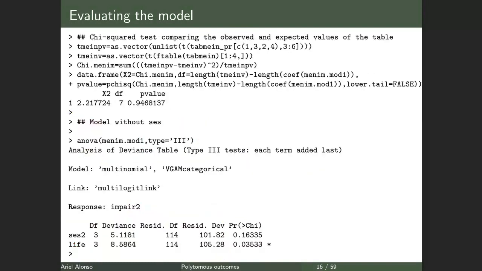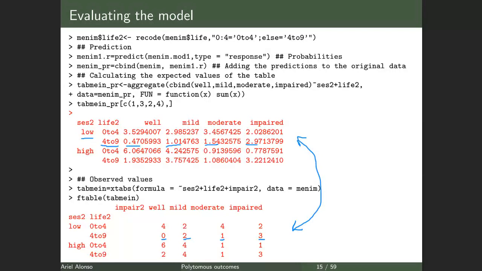Now, you can compare these two tables using the Pearson chi-square test, because here you have the observed frequencies, and here you have the expected frequencies under the model.